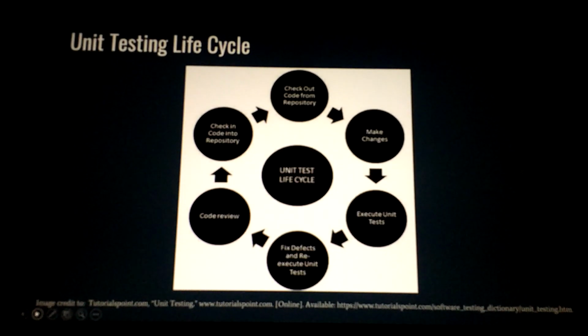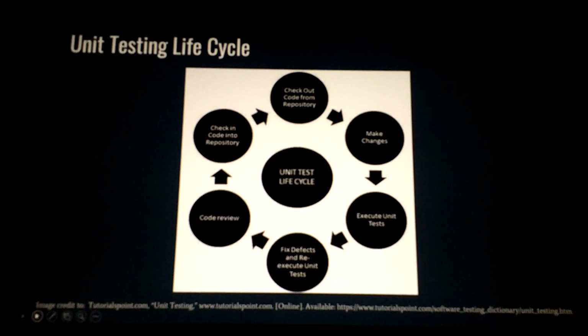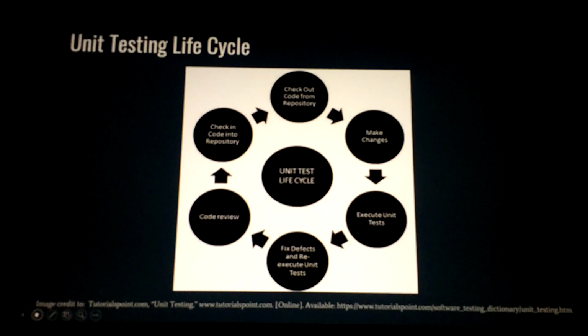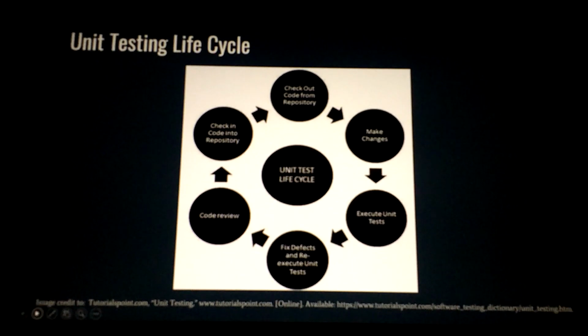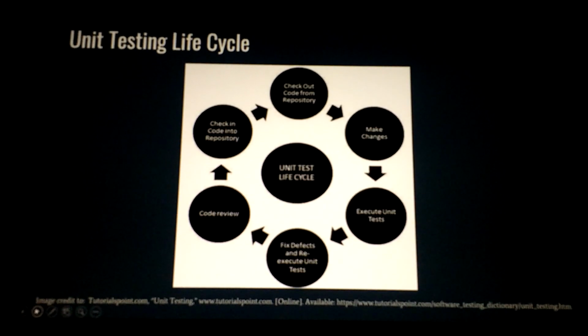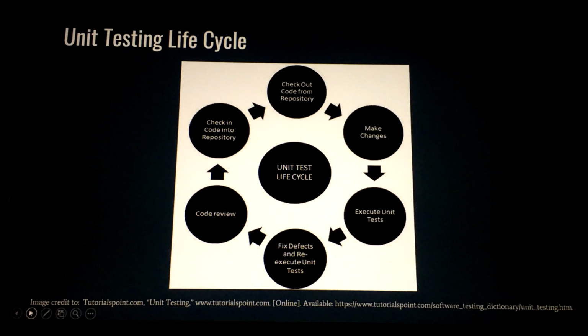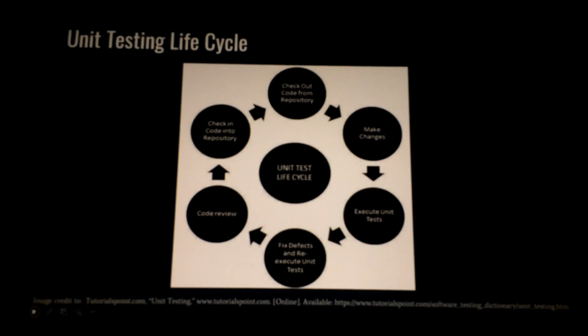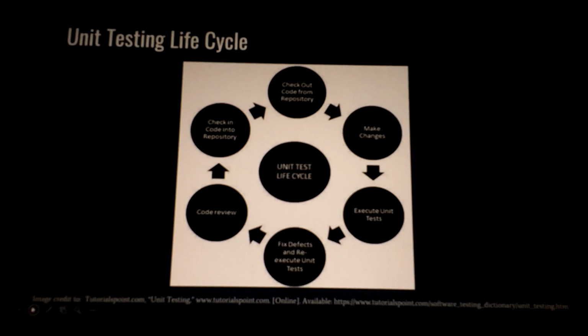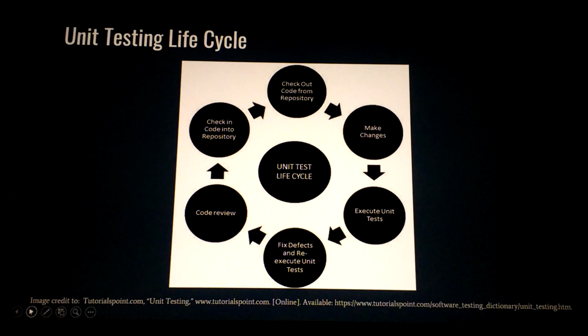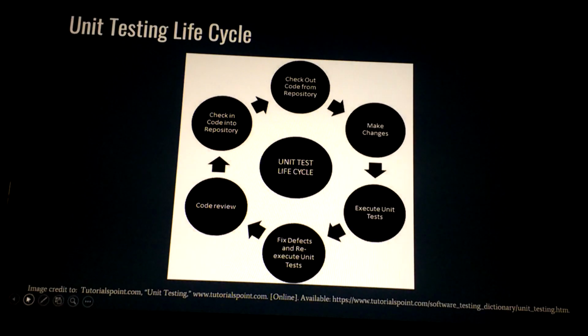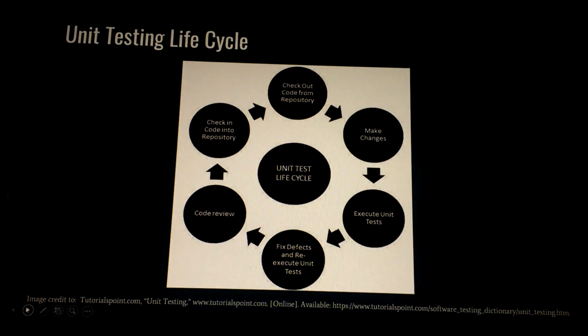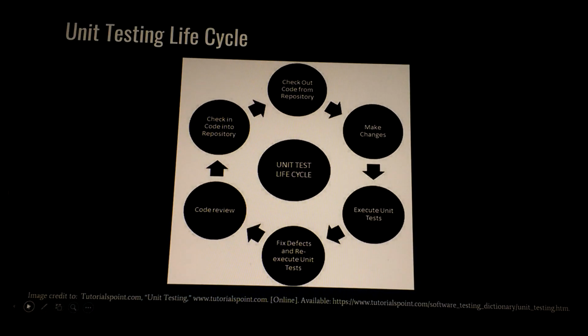So we're going to execute unit tests, fix defects and re-execute unit tests, do code review, check in the code to the repository, check out the code from the repository, make changes, and if there's still something that is not working, we're going to start again. We're going to execute another unit test, then fix defects and re-execute the unit test, and so on until our code and software is perfect.